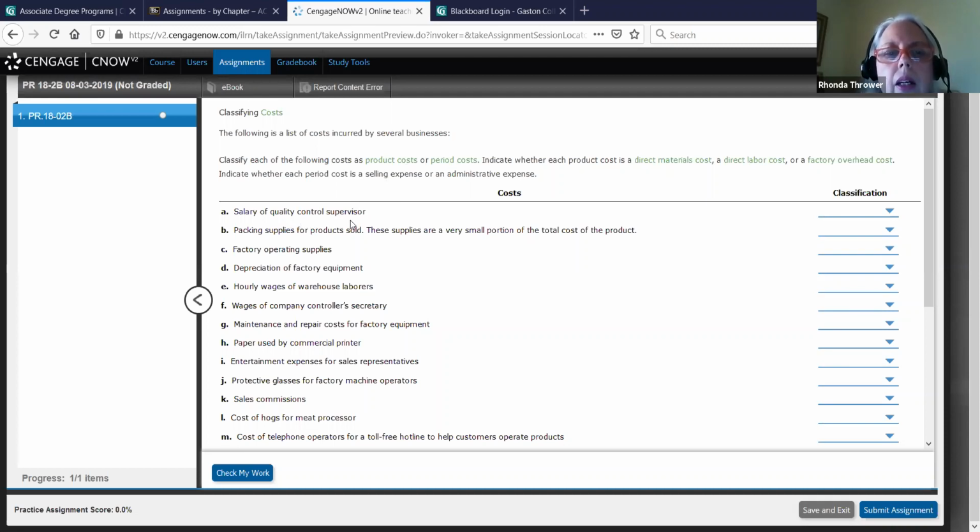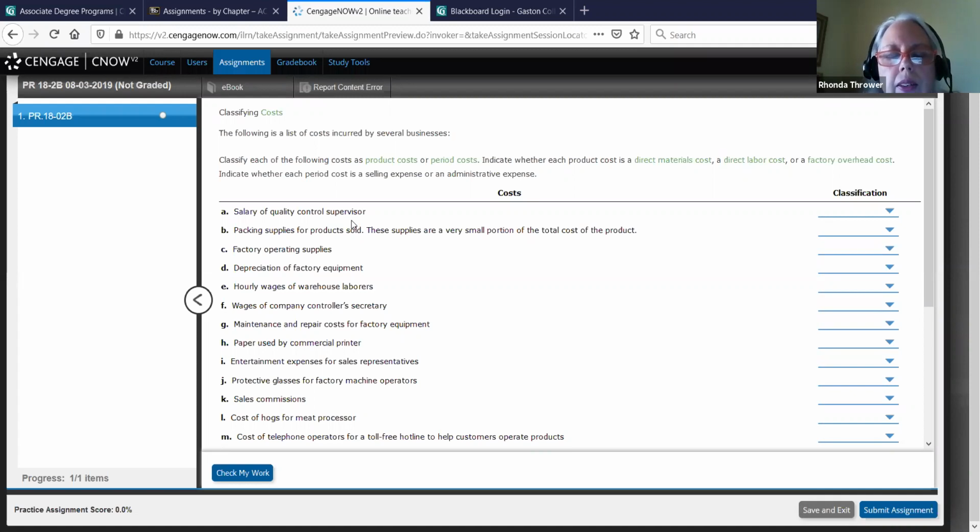But I would also want to classify this by the fact that even though the quality control supervisor might be looking at the manufacture of the product on the line, they really don't have anything to do with the manufacture of the product itself.